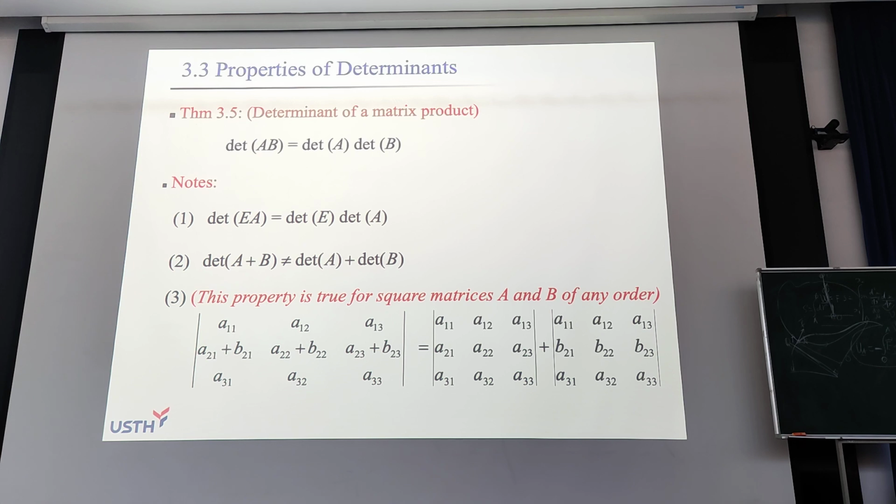However, we have another property. The new property says that if each entry of one row or one column of any matrix is a sum of two numbers, then the determinant will be the sum of two determinants, and it is here.